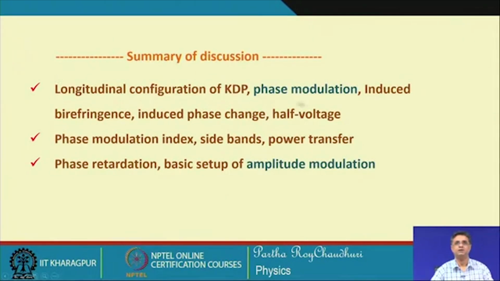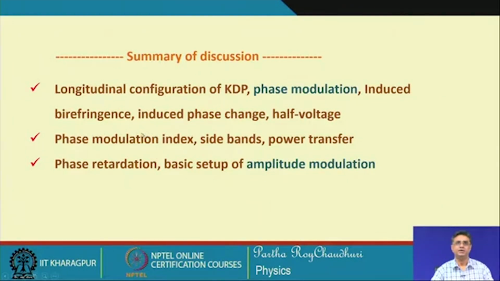So, we discussed the longitudinal configuration of KDP in terms of its phase modulation, and we have seen that for phase modulation it requires the input polarization to be along one of the new principal refractive index directions. Then we calculated the induced birefringence, induced phase change and half voltage.